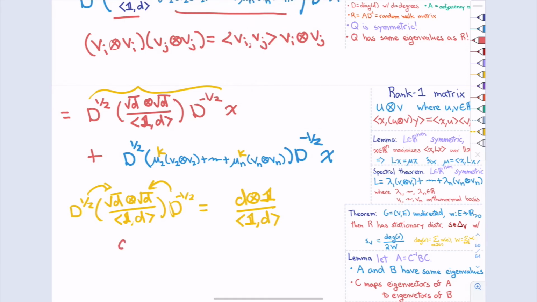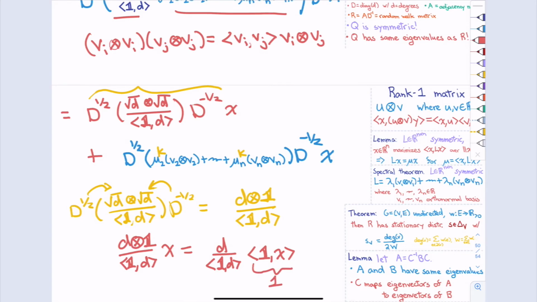And if I applied x to it, all I know about x is some distribution I started with. So then we would get d over 1's d times the inner product of 1's and x, and I know that this thing sums to 1.